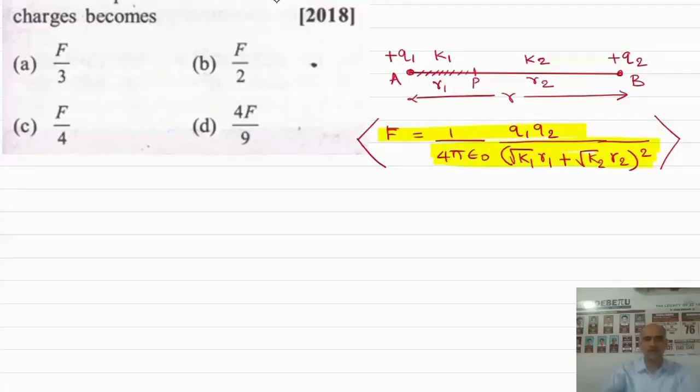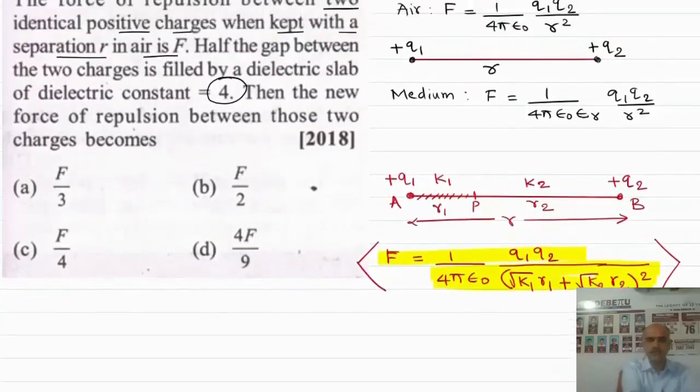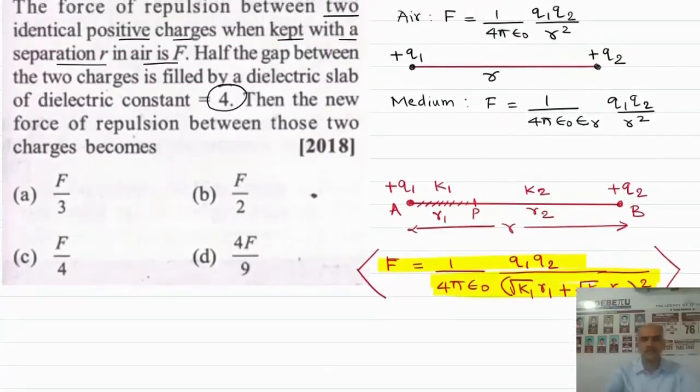Let us read the problem once again. The force between two identical positive charges when kept with a separation of r in air is F. So he has given F. I will write here: F is equal to 1 by 4 pi epsilon naught, in air.